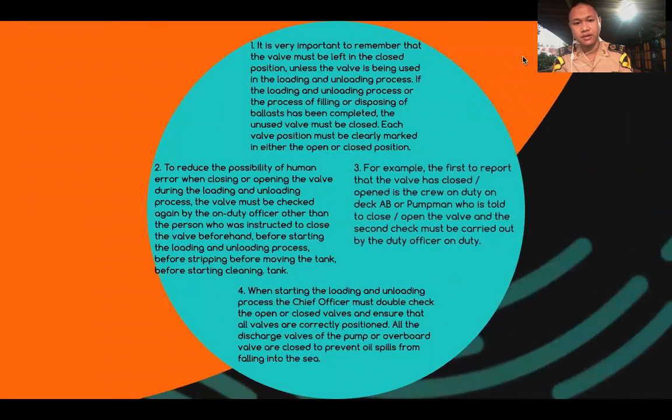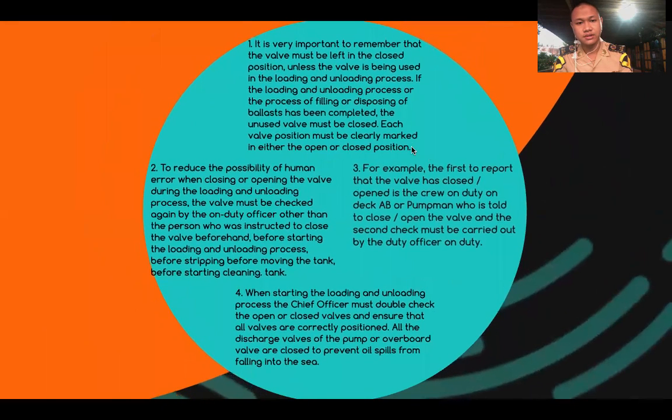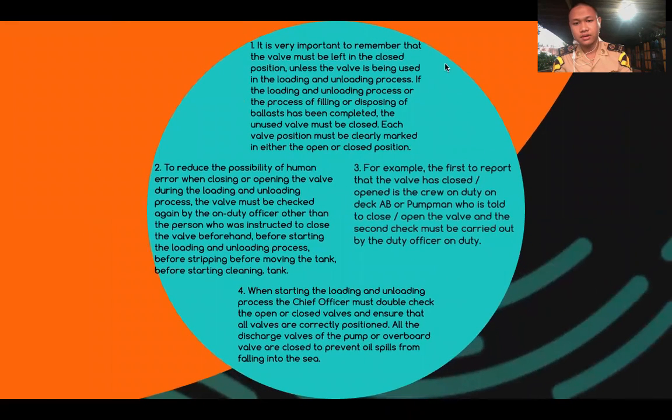The first is, it's very important to remember that the valve must be left in the closed position unless the valve is being used in the unloading and loading process. If the loading and unloading process or the process of filling or disposing of ballast has been completed, the unused valve must be closed.